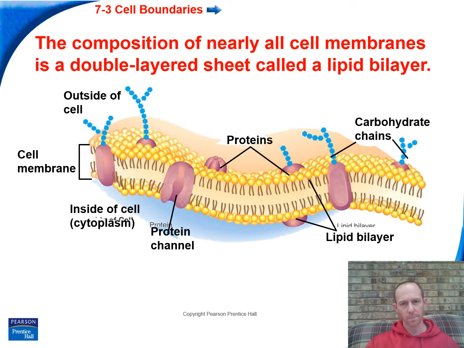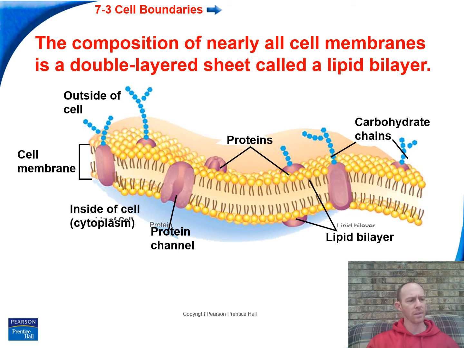They don't like water. So when you put a bunch of these phospholipids in water, they automatically form this exact way, because one end wants to be touching the water, that's the phosphate end, and the lipid end does not want to touch the water, so they touch each other, and then you have a lipid bilayer.